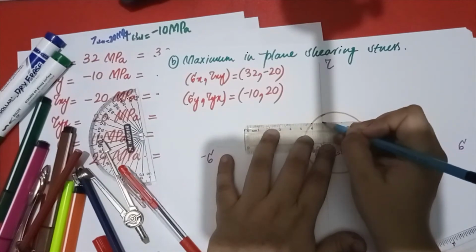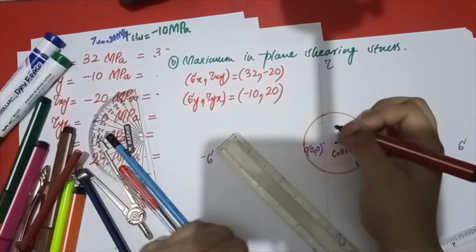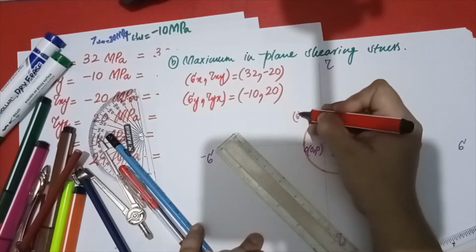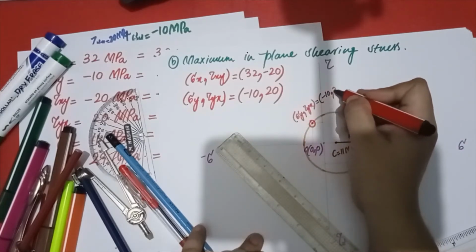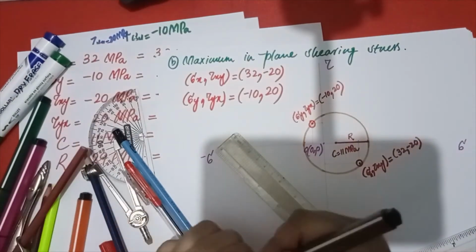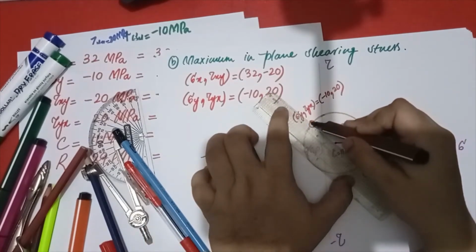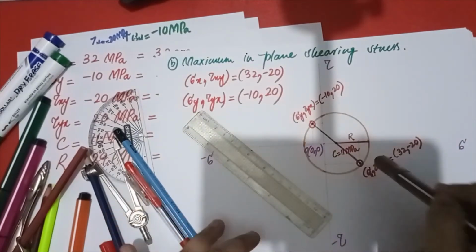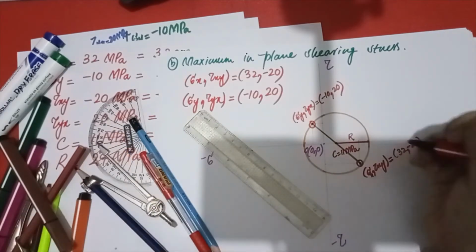Let me plot this, and this is sigma y comma tau yx, minus 10 comma 20. And now what I am going to do, you have to join these 3 points by passing through the C point, and this is C, you know that.